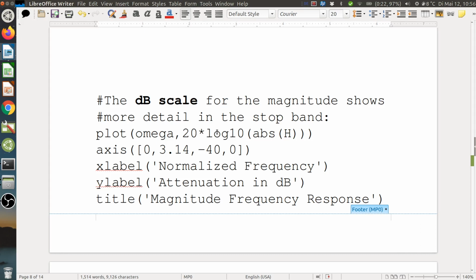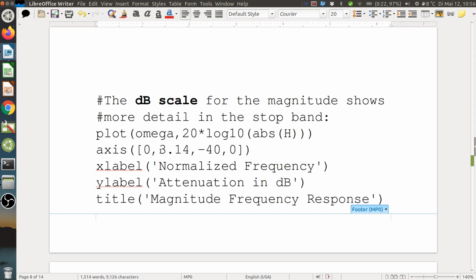Since this is the maximum that we get from our magnitude, smaller values must be below 0, which means negative, right? So here we have the scale. I set the scale to be between minus 40 and 0 because that's where most of the interesting parts are.